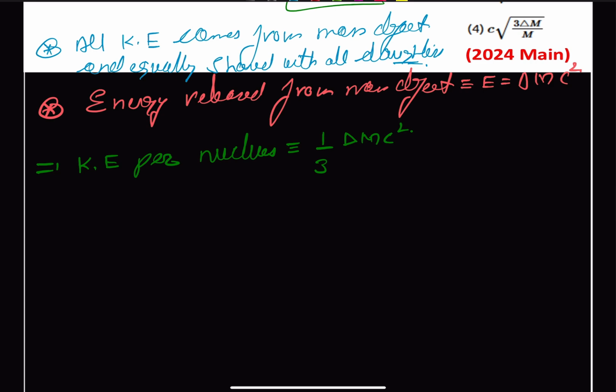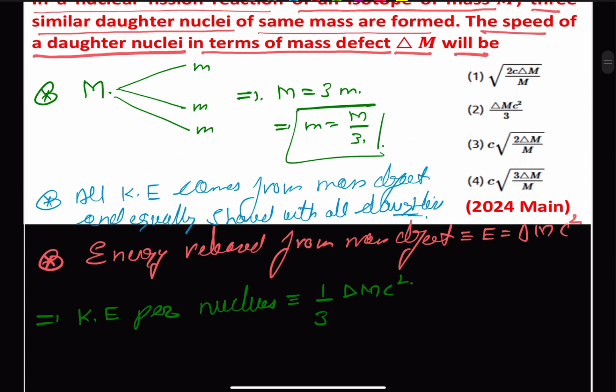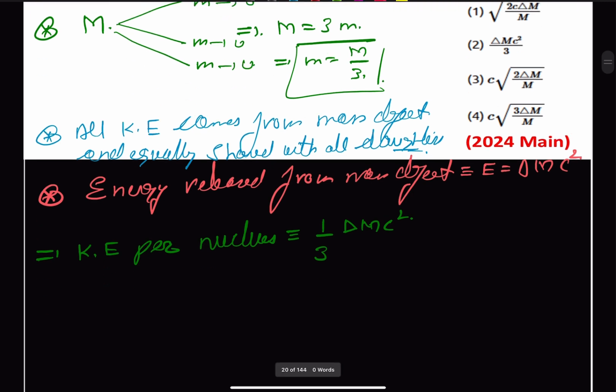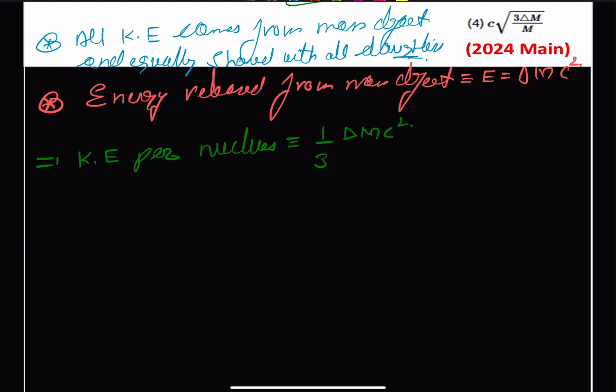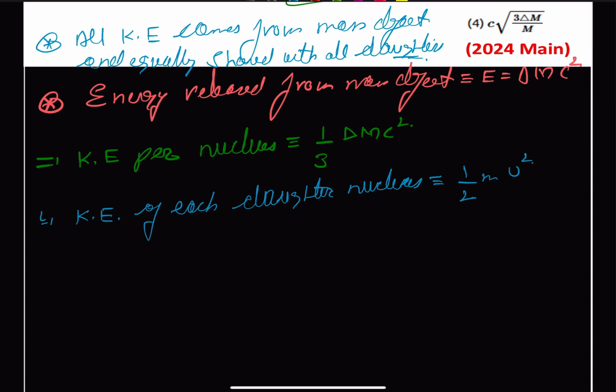And we also can say that if all these daughter nuclei are moving with velocity v, the kinetic energy associated with each daughter nucleus will also be equal to half small m v square.